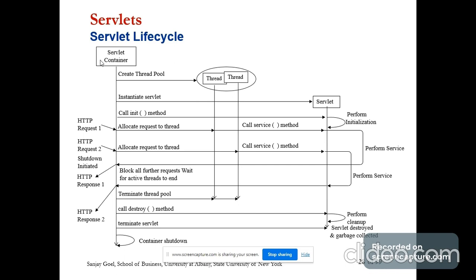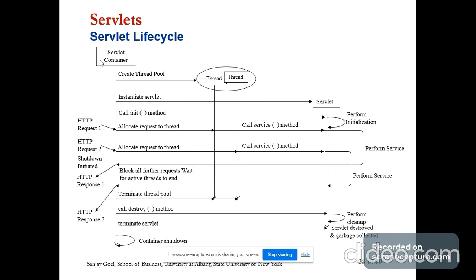After that, it will block all further requests until an active thread is available in the thread pool. After the thread performs its action, it becomes available and can process the blocked requests.